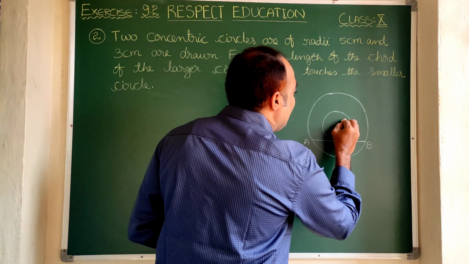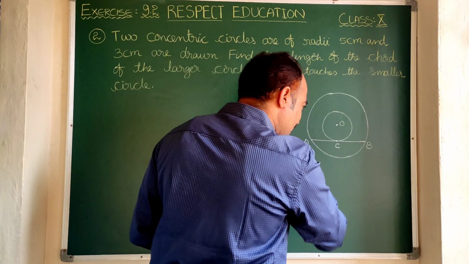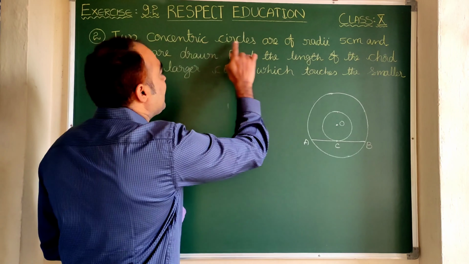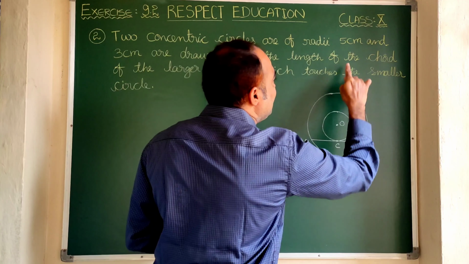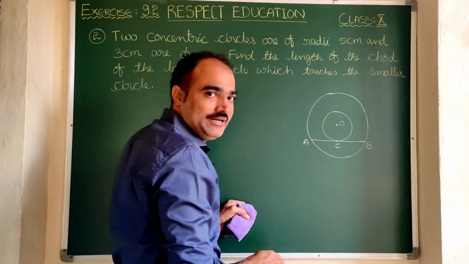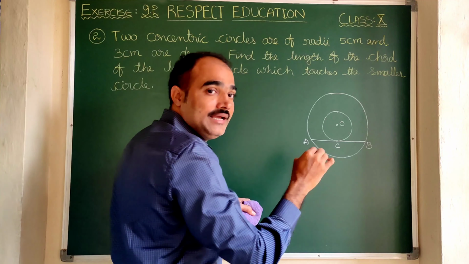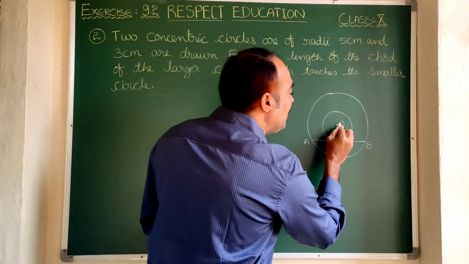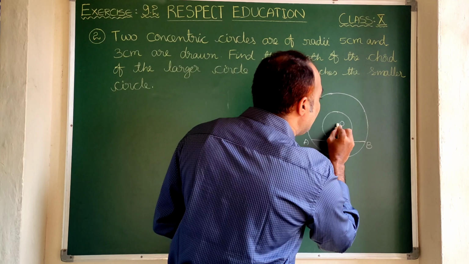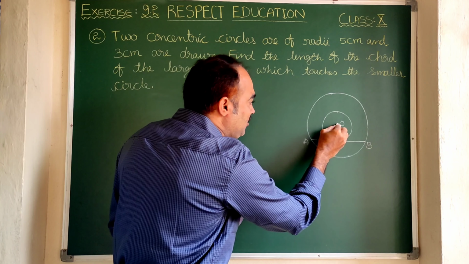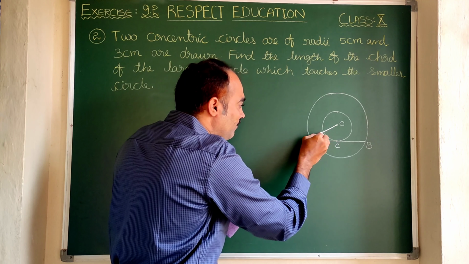Now let us write what is given here. Before that, let us read the question. The radius of the bigger circle is 5 cm. A radius can be drawn however you want, but according to our solution, let us join either OA or OB. Here I join OA.